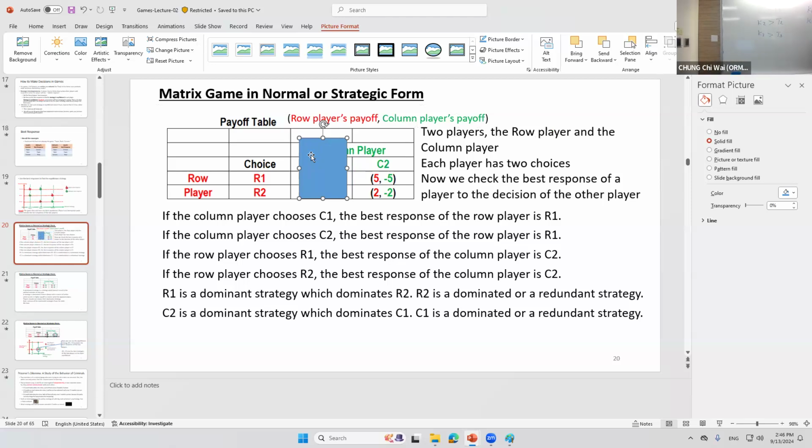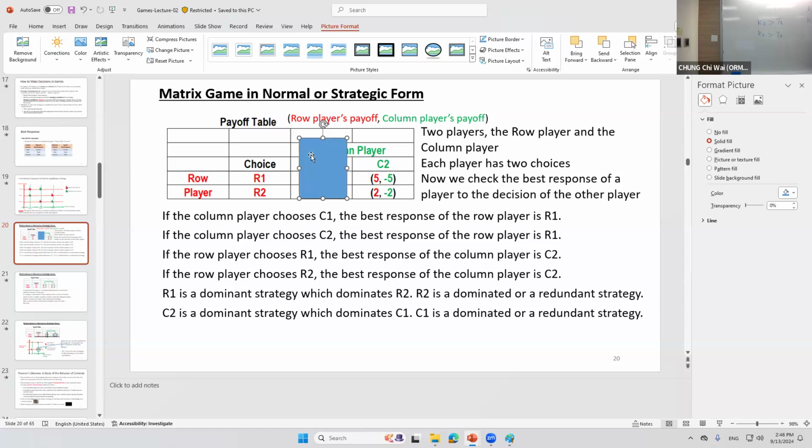If the column player chooses C2, then the row player can choose R1 to get a return of 5 units, and choosing R2, a return of 2. Then the best response of the row player is R1.